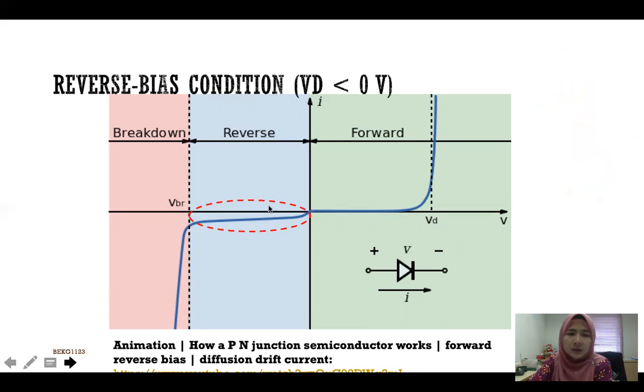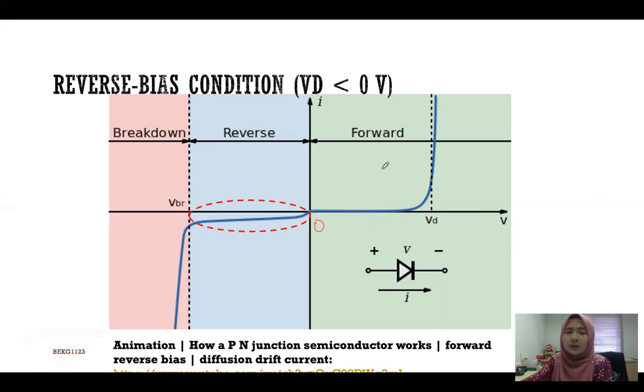So this is the reverse bias region, where this is VD 0. This is 0 volt. When VD is less than 0 volt, the current is very, very small because it falls in the reverse bias condition.